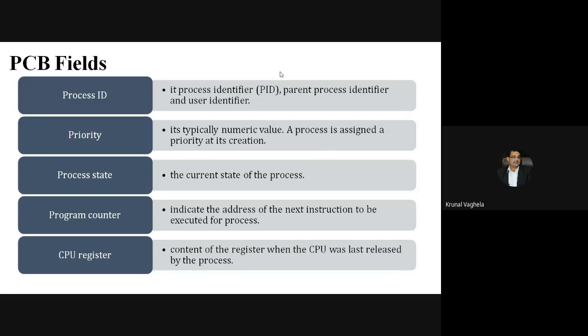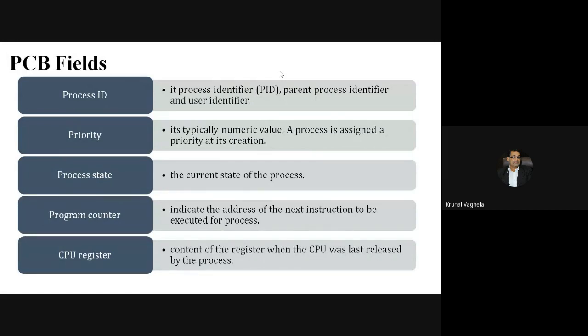Priority: its typical numeric value, a process is assigned a priority at its creation. When a process is created, the operating system will assign the priority. And when priority scheduling runs, the process with high priority will run first. The process with low priority will run last.